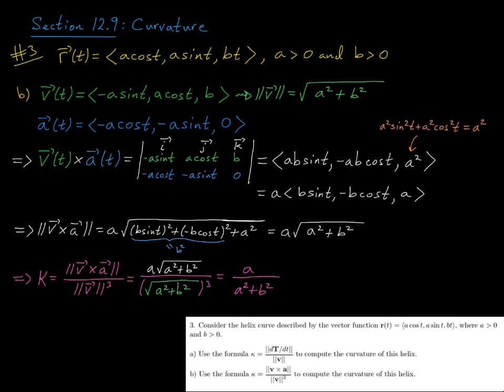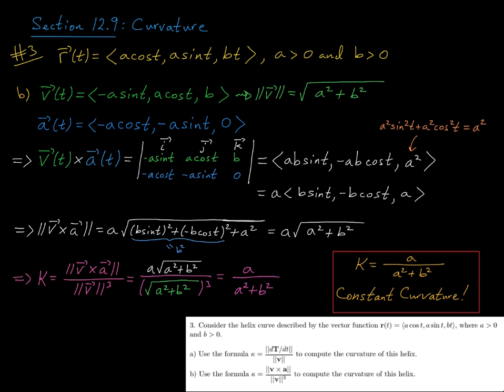So in total, I have a root of a squared plus b squared squared in the denominator, and the squaring of the square root is just going to give me what's inside. That's a squared plus b squared. And so I arrive at that same conclusion that I did in part A.